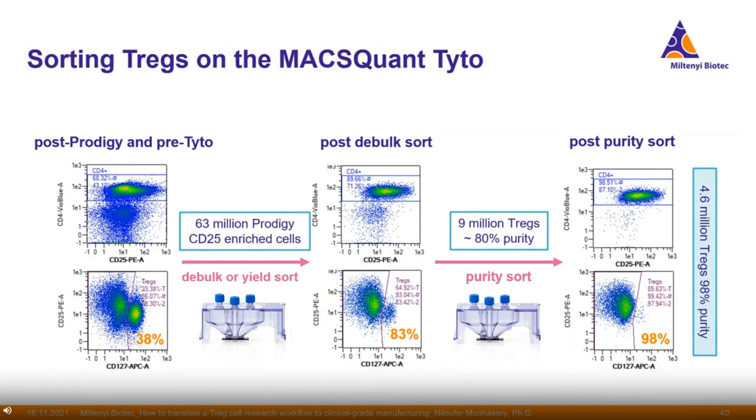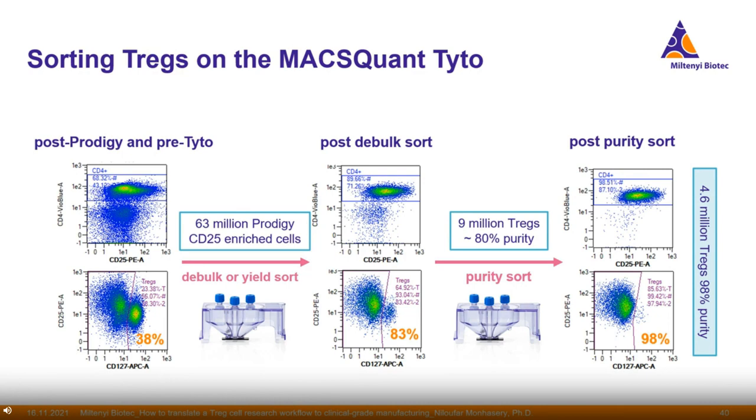In this slide, I would like to share some data with you to show the efficacy of the MACSQuant Tyto Cell Sorter in sorting naive Tregs. On the left-hand side, you can see the analysis of the cells post-Prodigy LP25 process, pre-Tyto cell sorting, which shows that we reached 38% pre-enrichment of the Tregs.